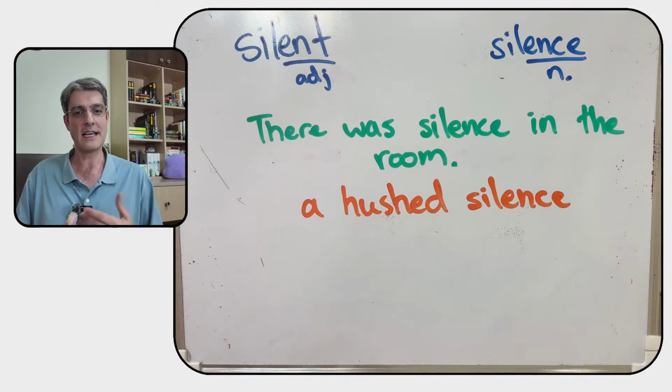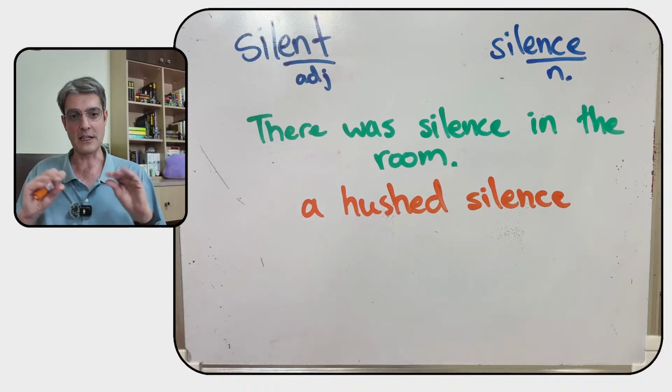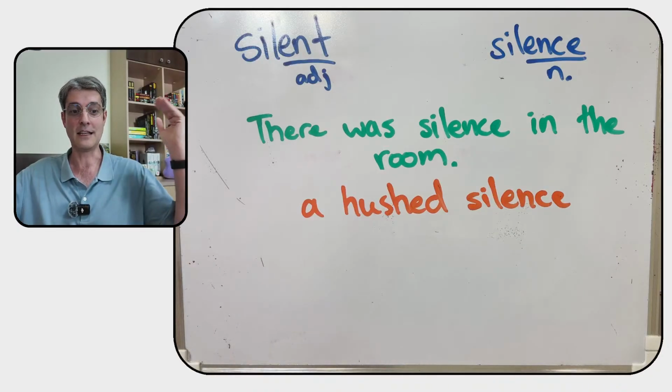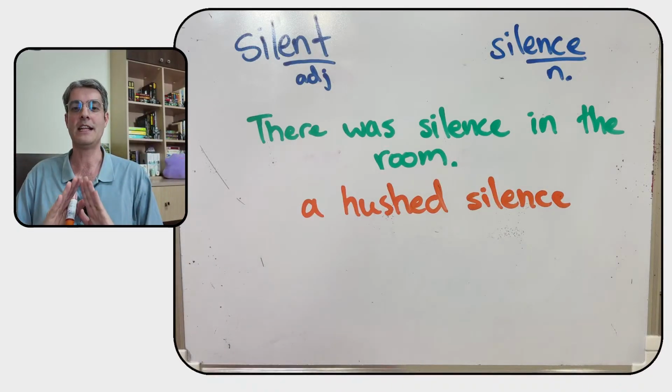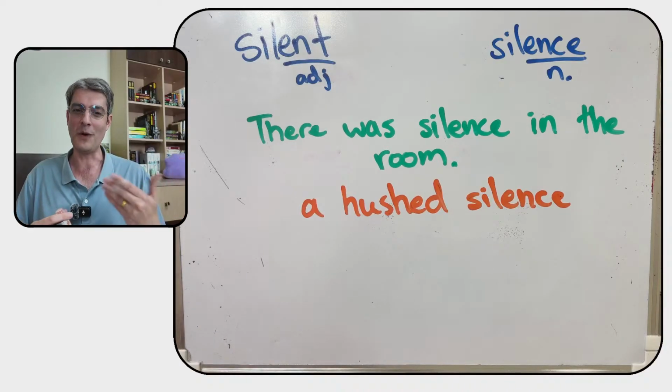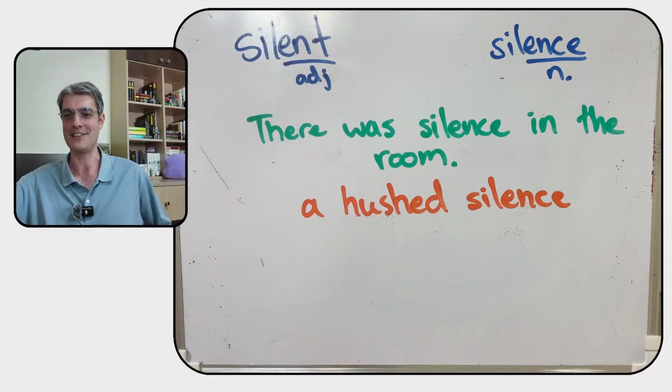So the writer might say there was a hushed silence in the crowd. So maybe there was a lot of talking and then suddenly the lights in the theater went dim and there was a hushed silence in the crowd because they were anticipating or waiting for the concert to start.